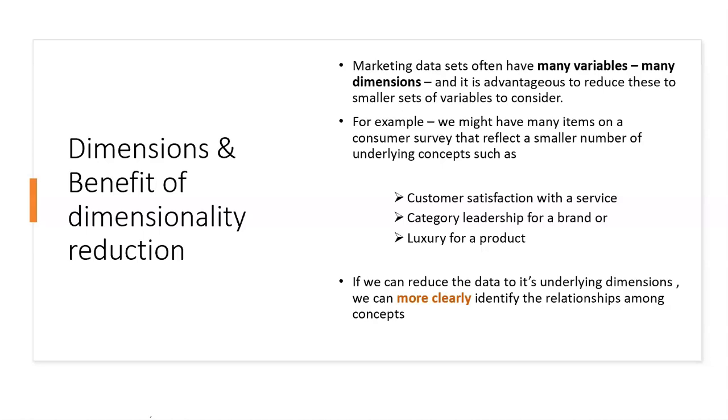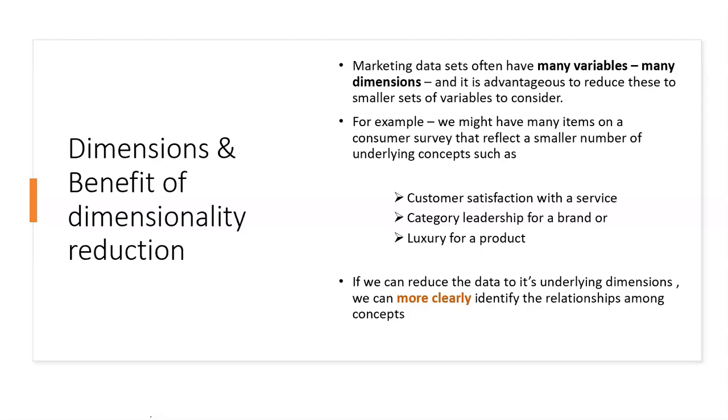So what are dimensions, and what are the benefits of dimensionality reduction? Marketing datasets often have many variables, many dimensions, and it is advantageous to reduce these to smaller sets of variables to consider. If we can reduce the data to its underlying dimensions, we can more clearly identify the relationships among concepts.